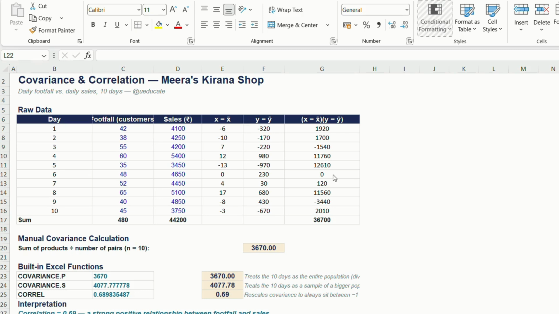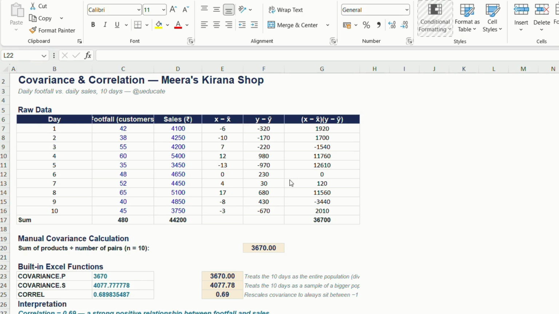Was the sales above or below average? If both are above on the same day, or both below on the same day, they are moving together, so that means there's a positive relationship. If there's a high customer flow and tends to be lower sales, negative. When it's a bigger crowd just doing window shopping, it's a negative relationship.